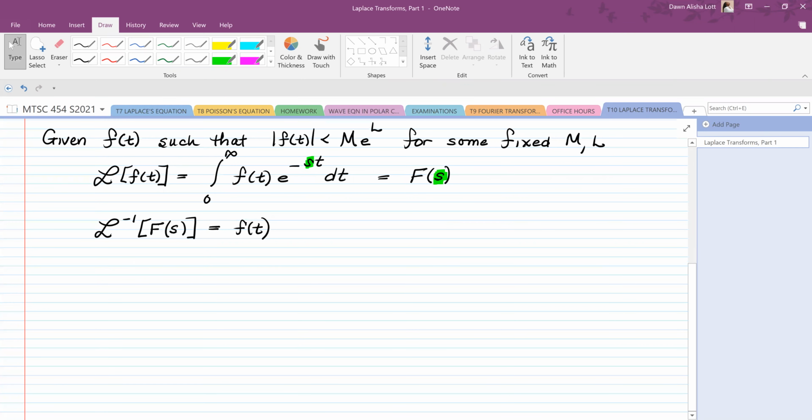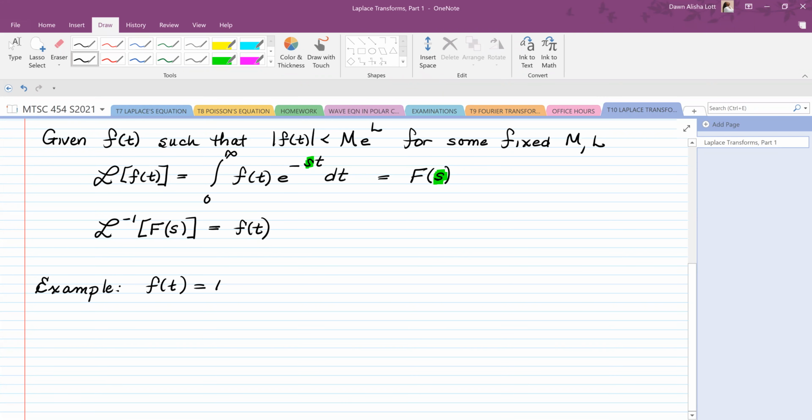Okay, so some very common ones. I'm going to do a couple. I'll do this first one. Here's an example. So f of t is equal to 1.